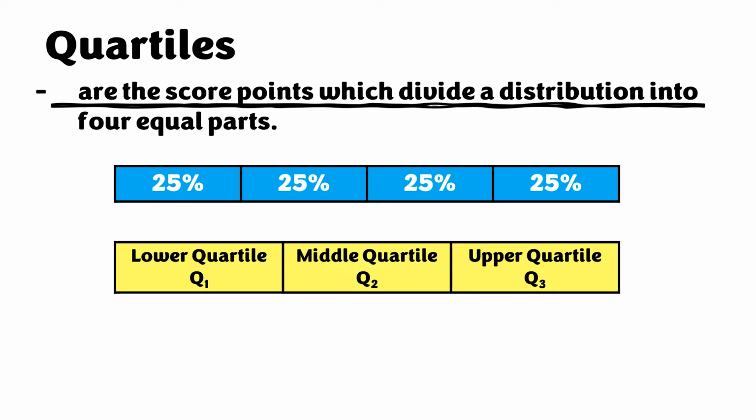And in quartiles, we have the lower quartile, which is Q sub 1, the middle quartile, which is Q sub 2, and the upper quartile, which is Q sub 3. The lower quartile is located at the line wherein 25% of the data has value less than or equal to Q sub 1, or the lower quartile.